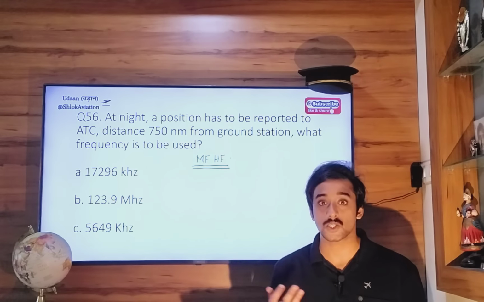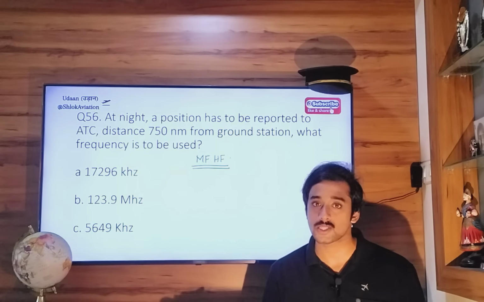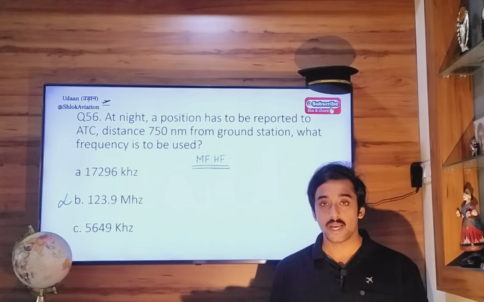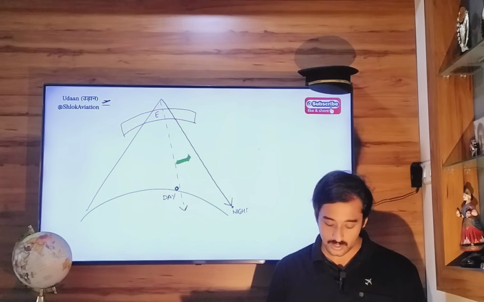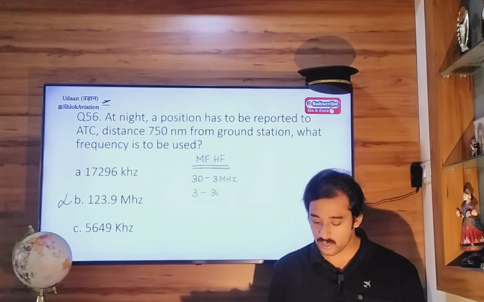VHF, again, it's a space wave. It will go through the ionosphere and go out into the space. So therefore, Bravo is eliminated. Now, medium frequency, high frequency are 300 kilohertz to 3 megahertz, 3 megahertz to 30 megahertz.